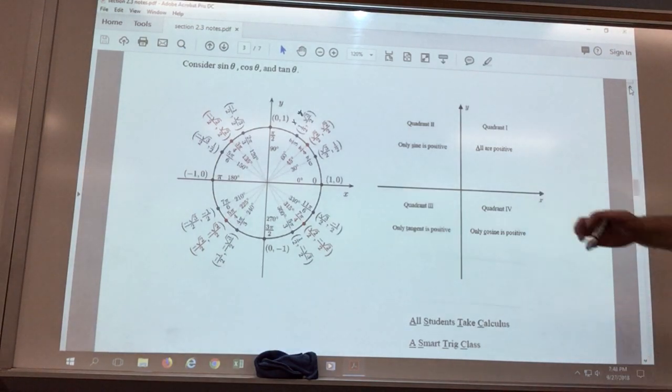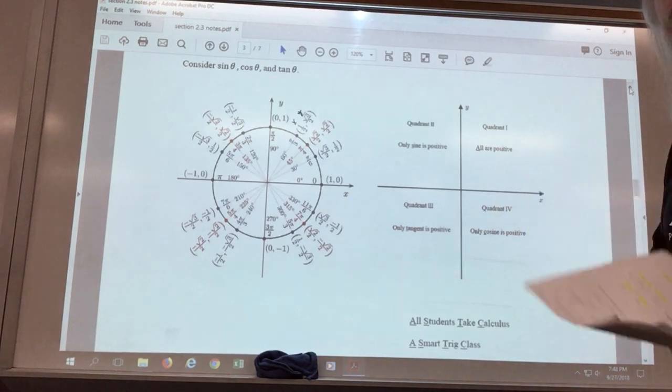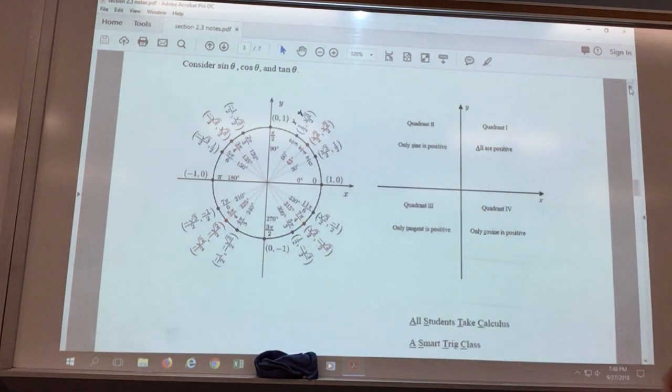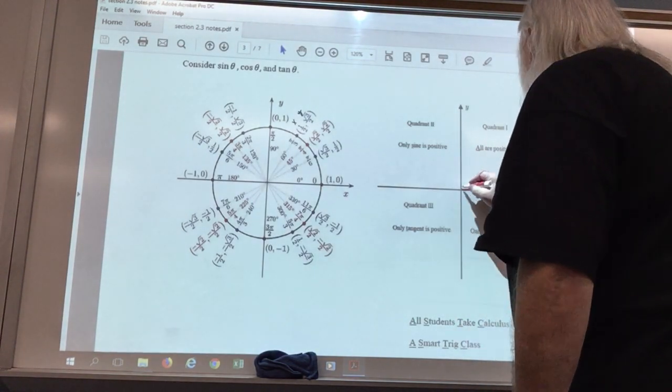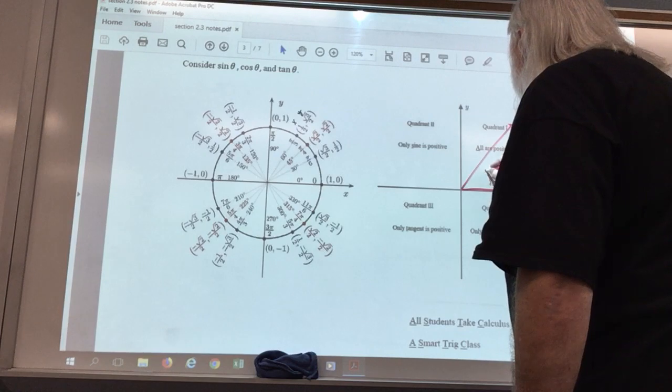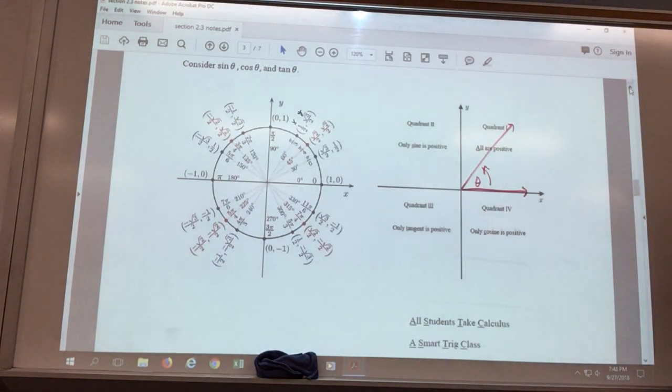So let's consider an angle in quadrant 1. So let me draw in the coordinate plane over here on the right hand side an angle in quadrant 1. Okay? So here's theta in quadrant 1.